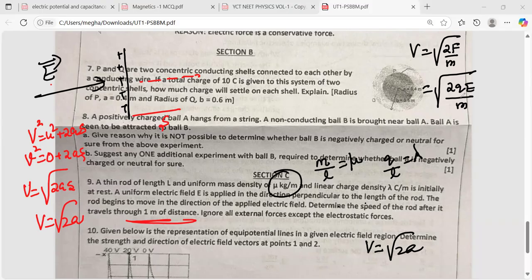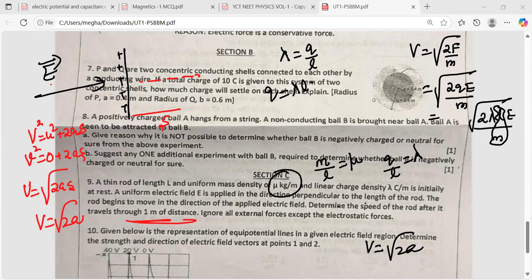What is Q by M? Charge per mass, where mass per unit length is given. We know that lambda is equal to Q by L, so Q is equal to lambda L. So that is equal to 2 into lambda L E by M. What is L by M?